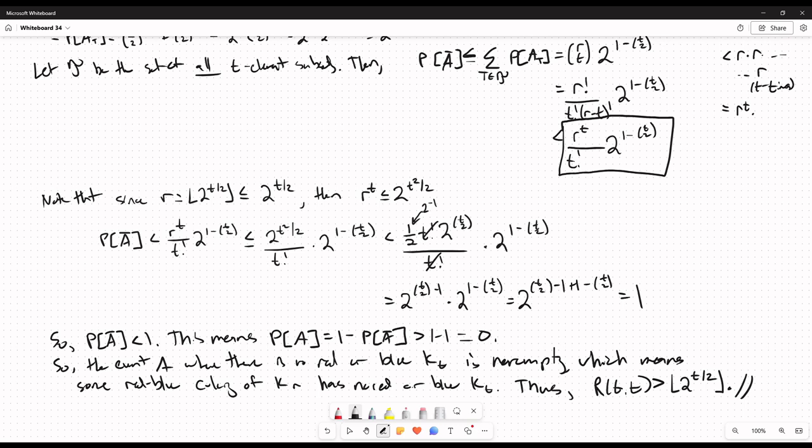So we said that it's not a certainty that we get a red or blue KT, which means that it has to be at least a possibility that I don't get a red or blue KT. And that's enough to say that the Ramsey number, which is the minimum number of vertices I need to guarantee a red or blue KT, had to be at least the floor of 2 to the power of T over 2. So there's how you can use probability to prove a claim in graph theory and combinatorics.